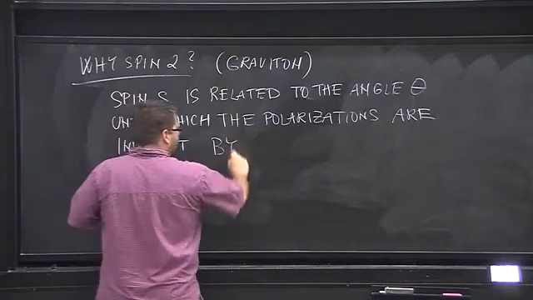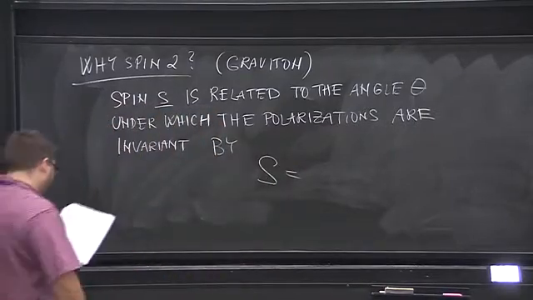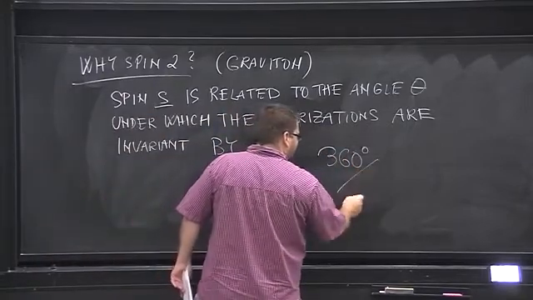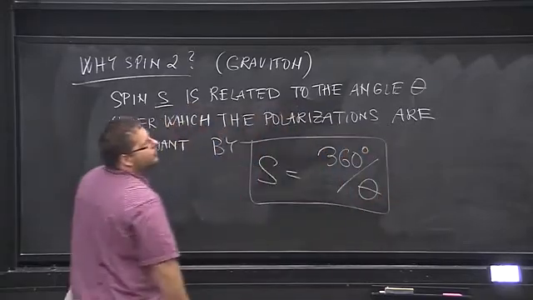So you calculate the spin of the quantized particle, the graviton, and the formula is simply that you get 360 degrees and you divide by the angle which leaves the polarizations invariant.